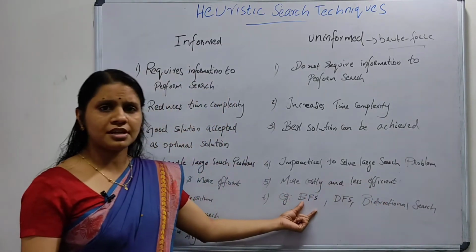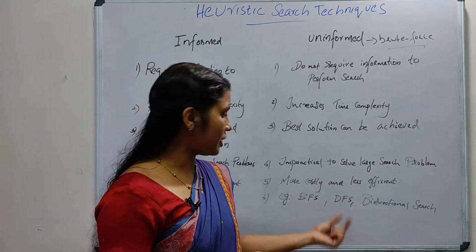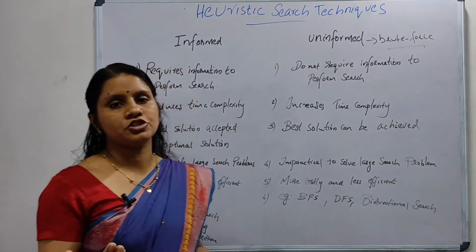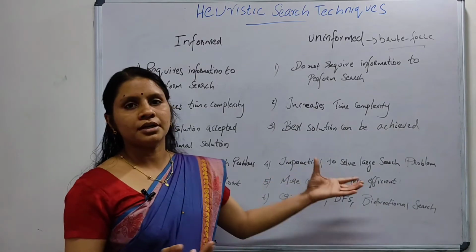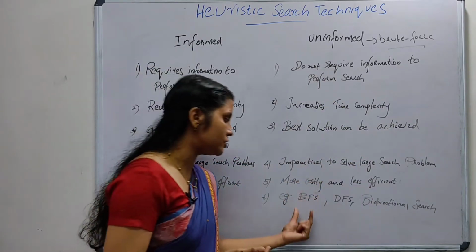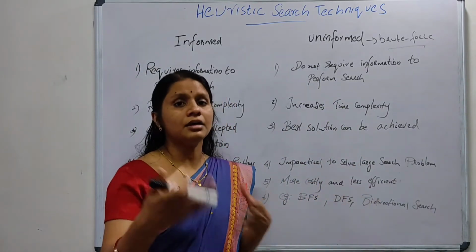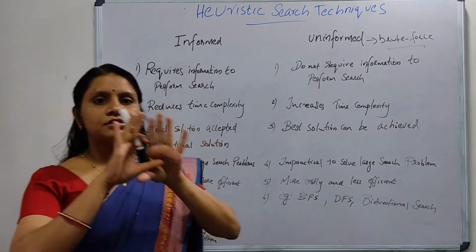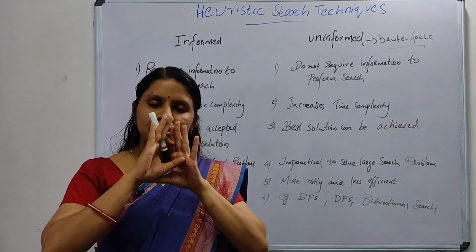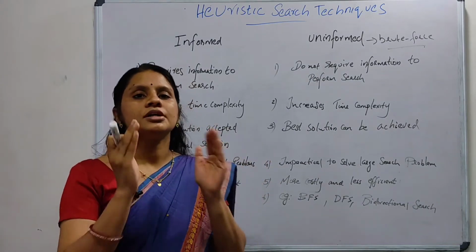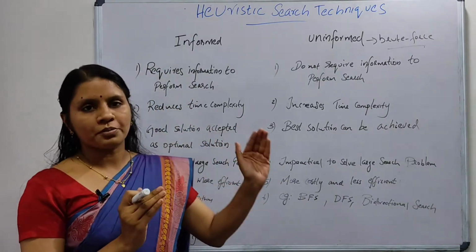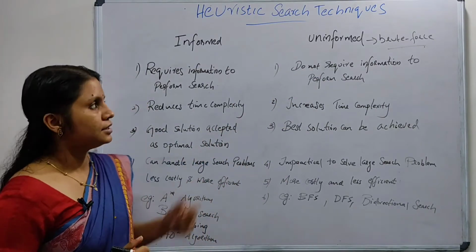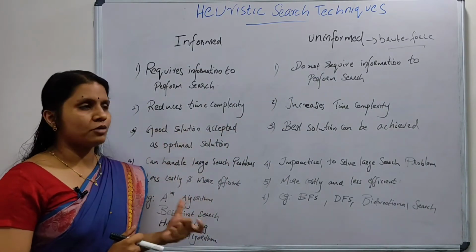BFS is breadth first search, and DFS is depth first search. These are the algorithms coming under uninformed search, and we will discuss each algorithm in upcoming videos. Uninformed search does not require any knowledge for performing the search. Clear?